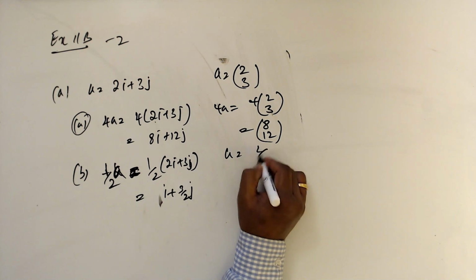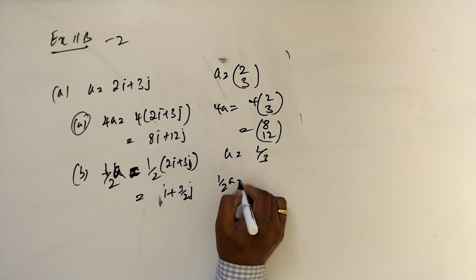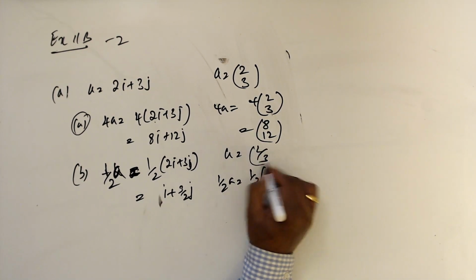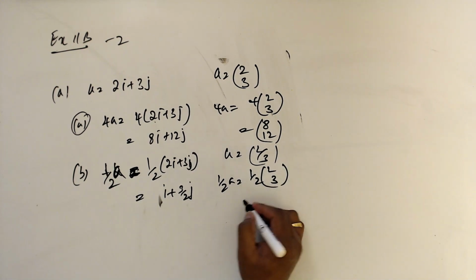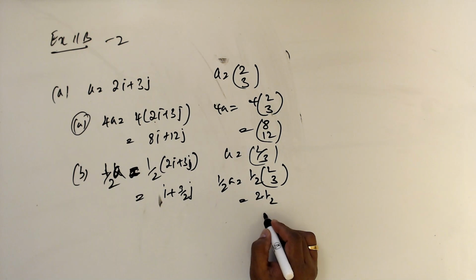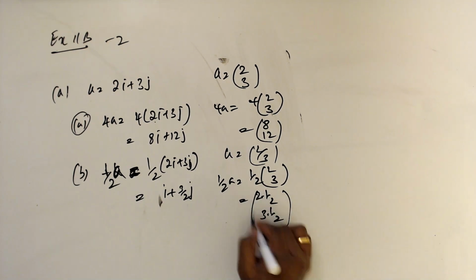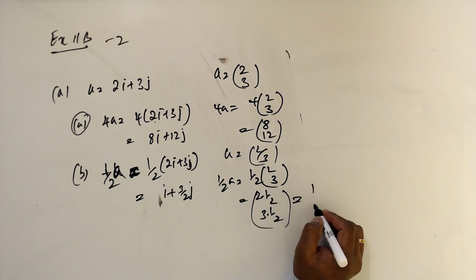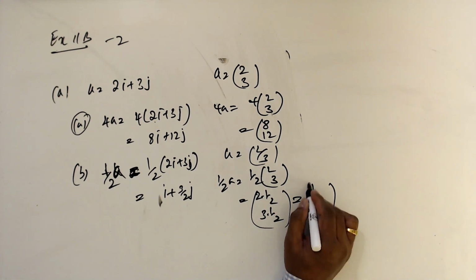A is 2 3, half a is half times 2 3. This is going to be 2 times half and 3 times half, which is 1 and 3 over 2.